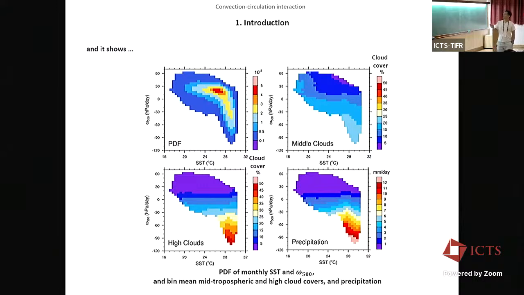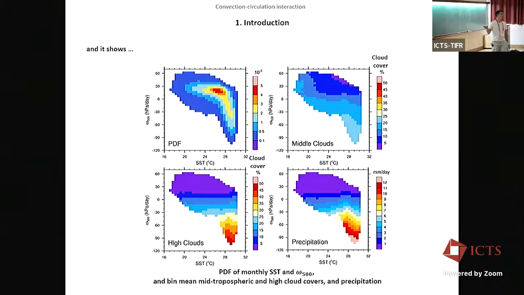And so for middle clouds, you can see there is a little bit of an influence of SST. But then when you look at the high clouds, those horizontal lines essentially are saying that there is absolutely no sensitivity to SST. That's completely true up to fairly large ascending motions, right?